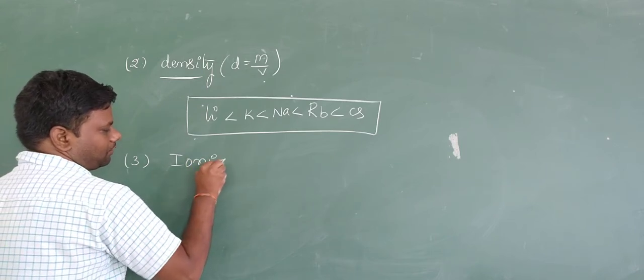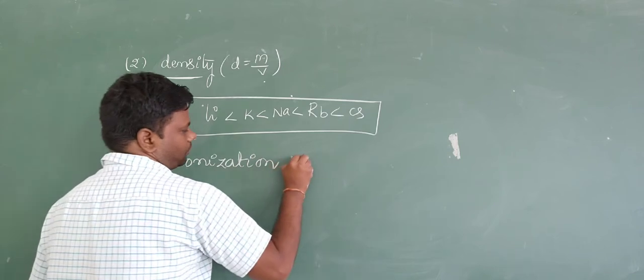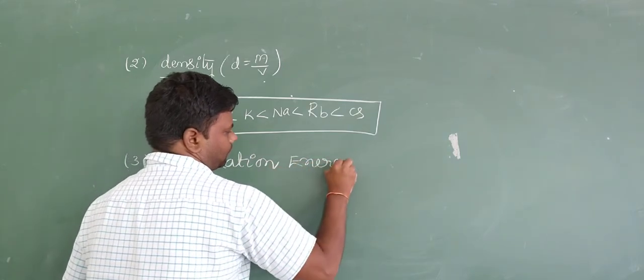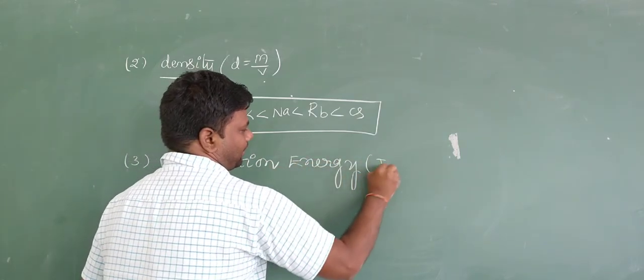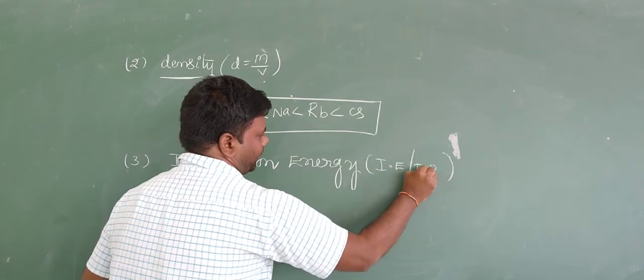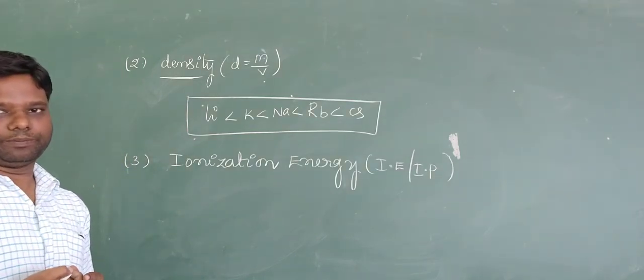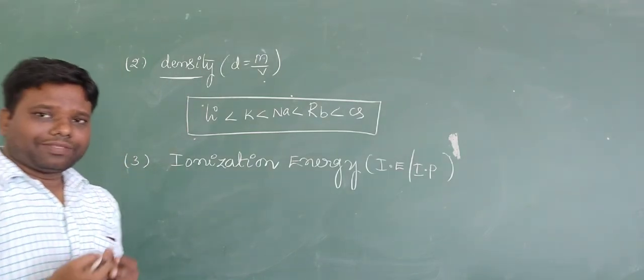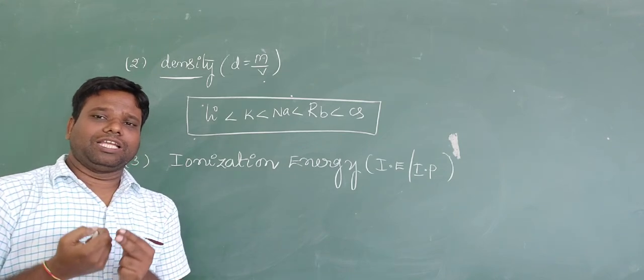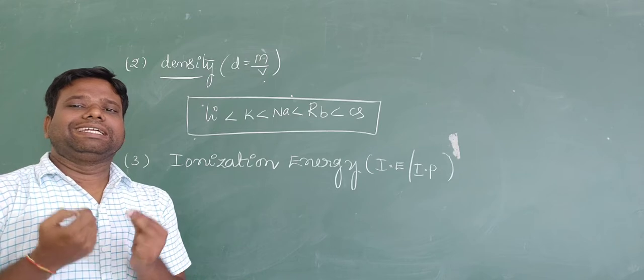And third property, ionization energy. IE or IP. Ionization potential or ionization energy or ionization enthalpy. The ionization energy of alkali metals from lithium to cesium decreases.